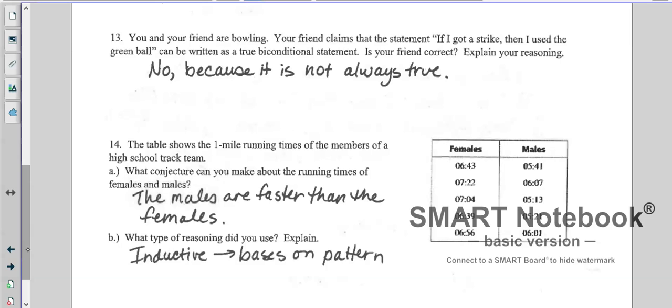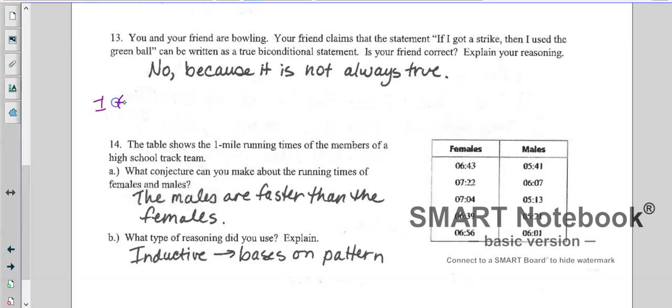All right, you and your friend are bowling. Your friend claims the statement, if I got a strike, I use a green ball, can be written as a true biconditional statement. So remember, biconditional means if and only if.